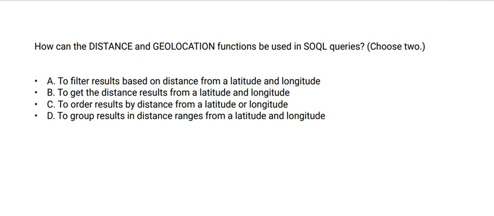Option C, to order results by distance from a latitude or longitude. And option D, to group results in distance range from a latitude and longitude. The correct answer is option A and C.